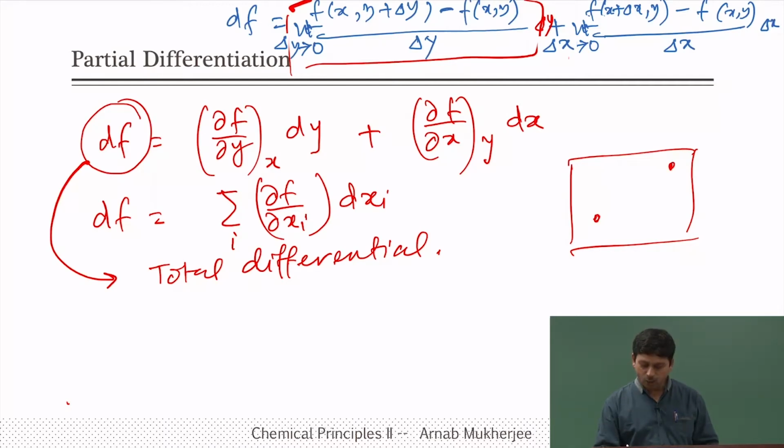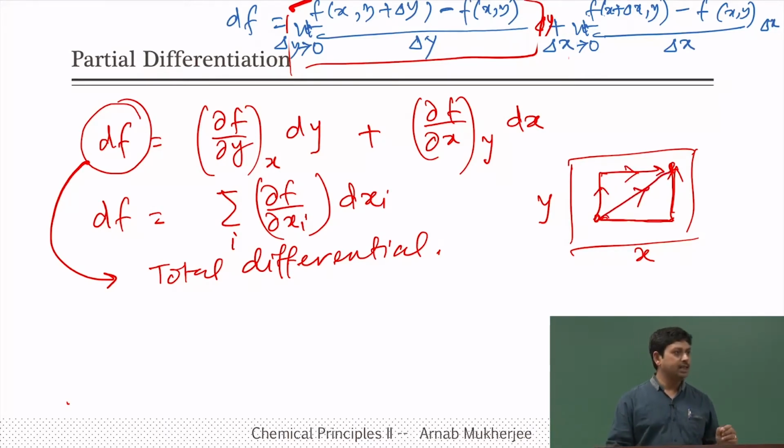Now, I can go along this one and then along this one. So, let us say this is my x coordinate, this is my y coordinate. So, I can vary along x and then along y, or I can vary along y and then along x, or I can have a combination of both.